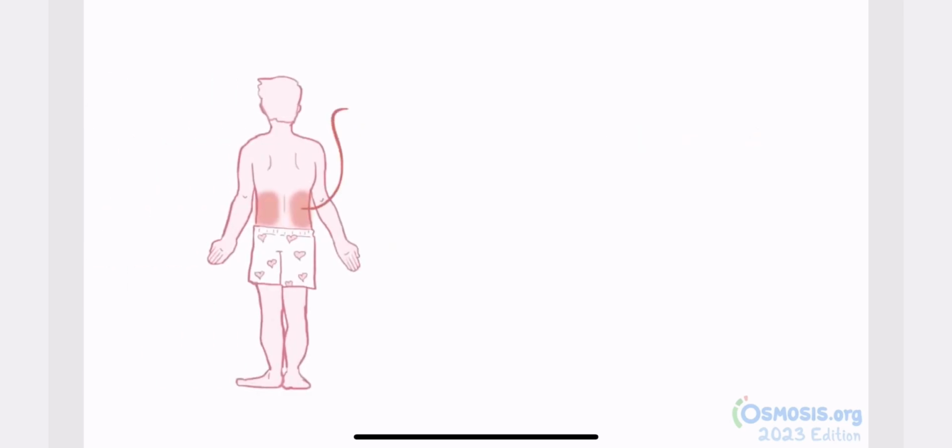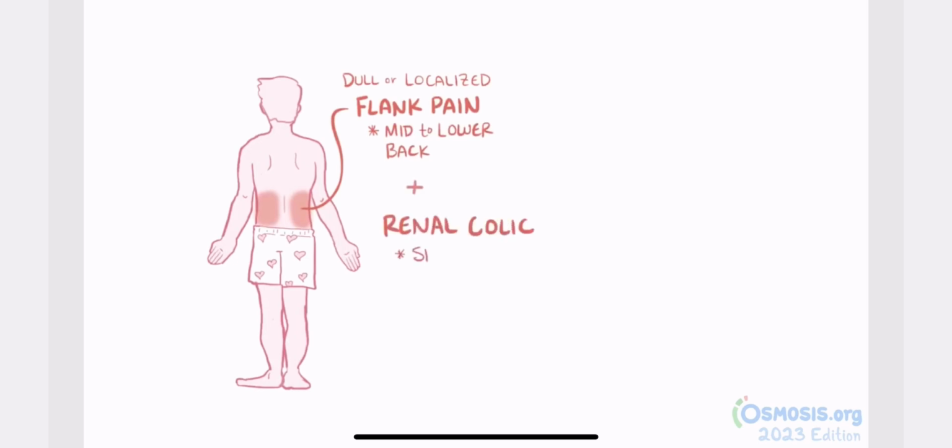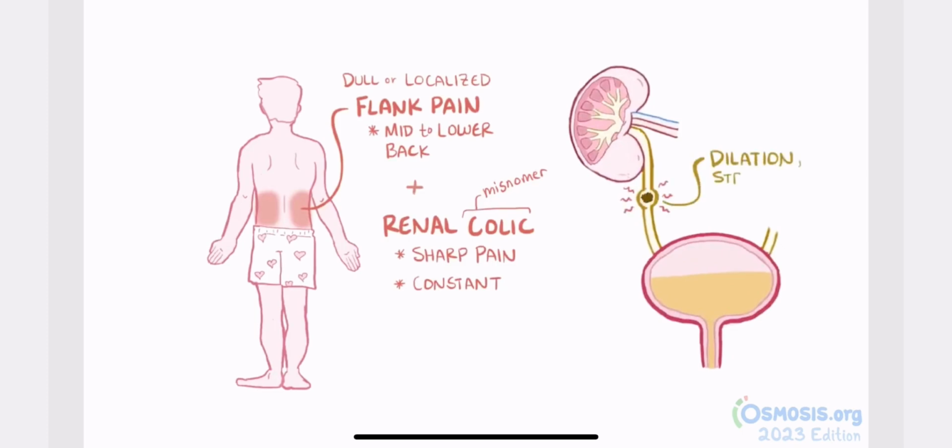Kidney stones can cause dull or localized flank pain in the mid to lower back on both sides, as well as renal colic, which is a sharp pain and is a bit of a misnomer because the pain's usually constant rather than intermittent. The pain is caused by the dilation, stretching, and spasm caused by obstruction of the ureter, and is typically worse at the ureteropelvic junction and down the ureter, and subsides when the stone gets to the bladder.